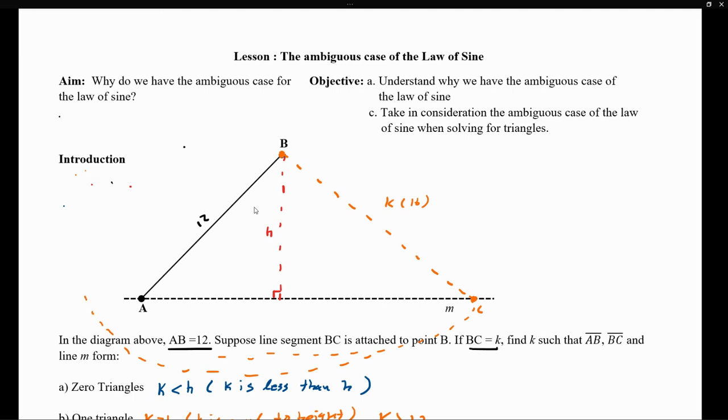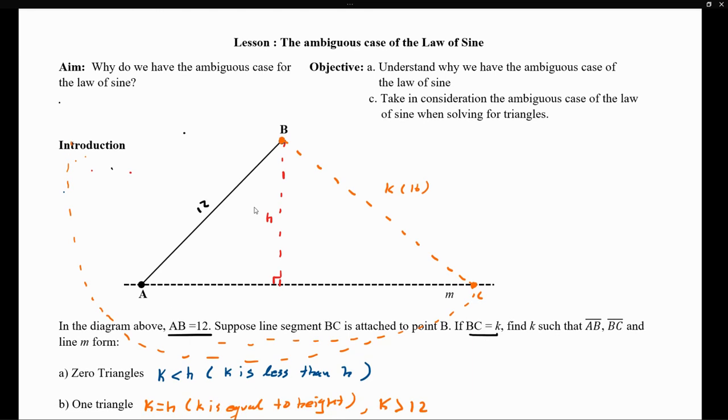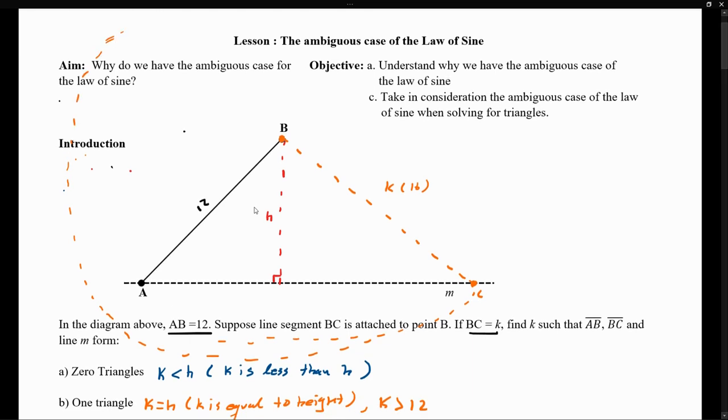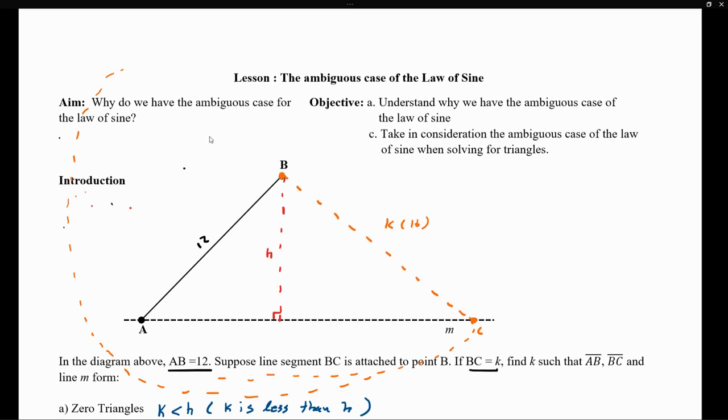And if I keep going around this figure, and again, I don't think this is going to be drawn to scale, but if I keep going around and around, and again, imagine that that's just the radius of a circle, this point C is only going to be touching the base of the triangle exactly at this point and nowhere else.